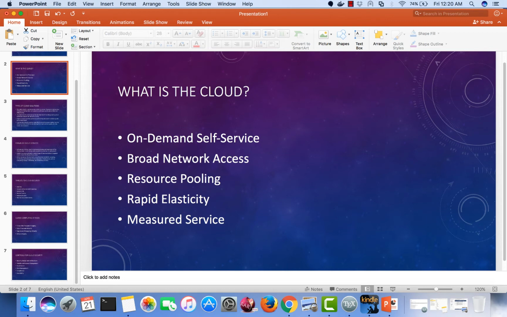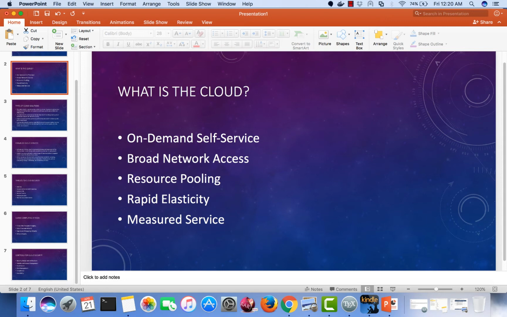So that's definitely a benefit. Next, broad network access: resources can be accessed from any device, anywhere, with any connection, and the cloud really is designed to be accessed from anywhere. So that's another feature.